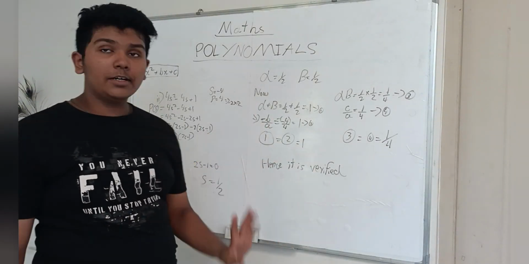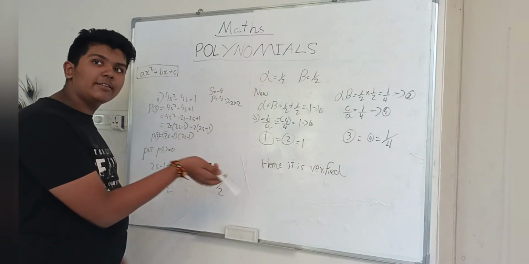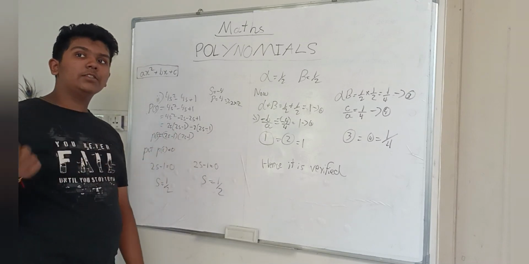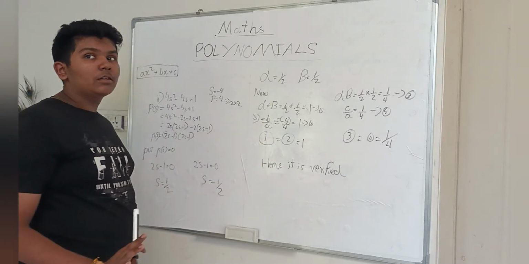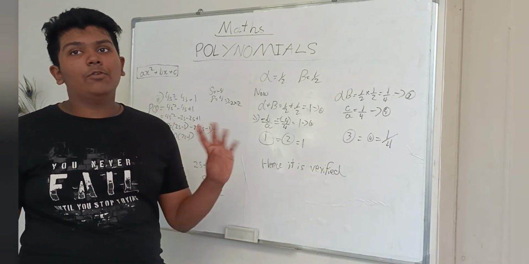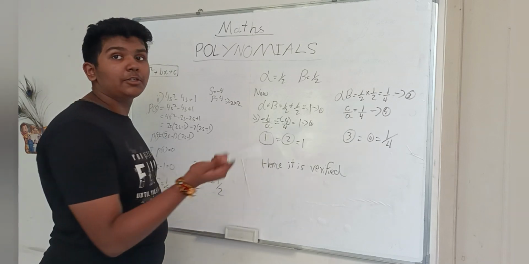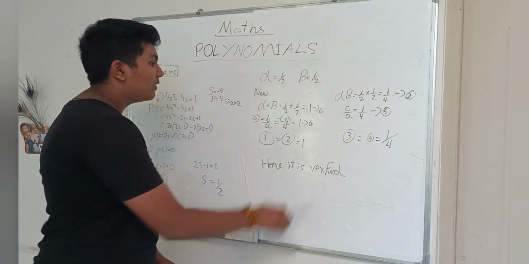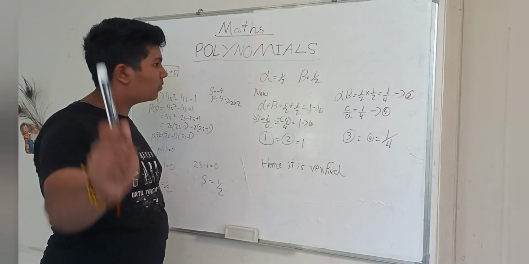So what are we putting here? Minus into minus 4 by a, which is 4. So what is minus into minus 4? Plus 4, right? So 4 by 4. Now what is 4 divided by 4? 1. So 4 divided by 4 is 1. So it is equal to 1. We are putting this as equation number 2.